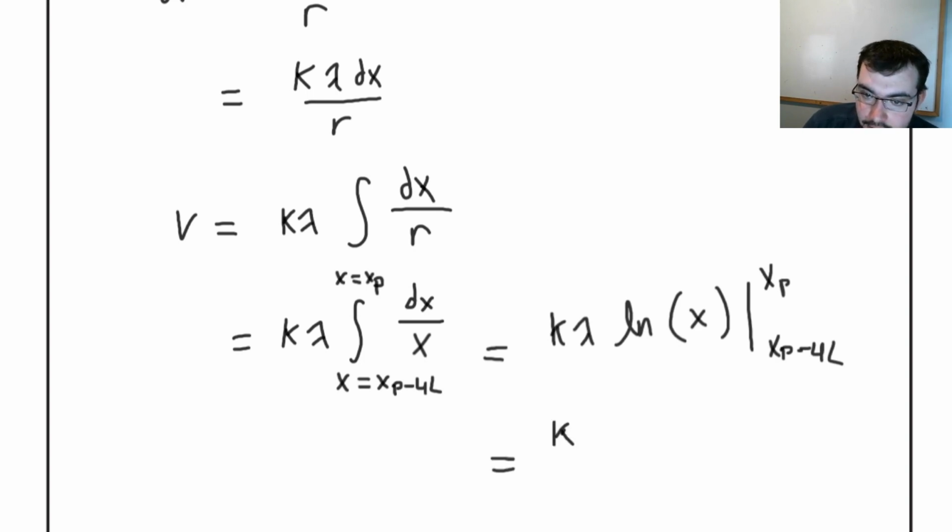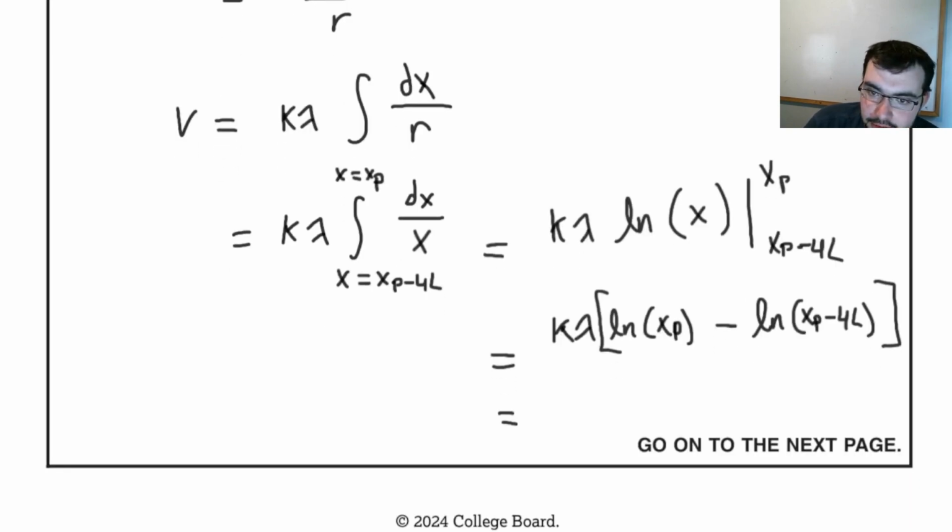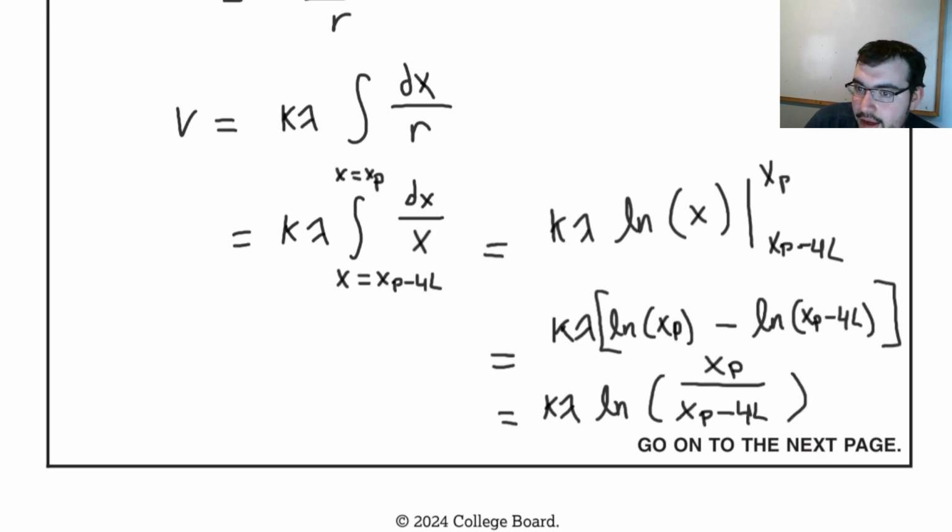And we get k lambda times ln of xp minus ln of xp minus 4L. And anytime you're dealing with integrals and logs, you can typically apply some sort of logarithm property. Of course, we've got the subtraction rule. For logs, subtraction turns into division. And that is our electric potential as desired.